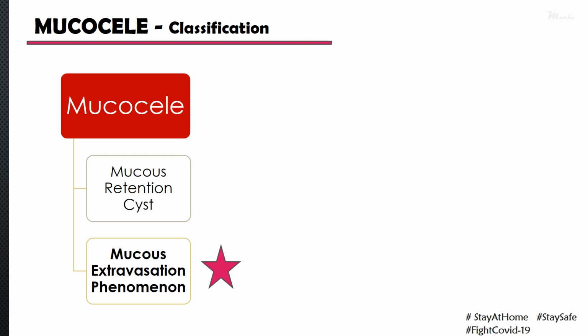Mucus retention cyst is also an example of a true cyst because histopathologically we will be able to see an epithelial lining in such cysts. However, no such linings are seen in the mucus extravasation phenomenon. Hence, mucus extravasation phenomenon is an example of a pseudocyst.